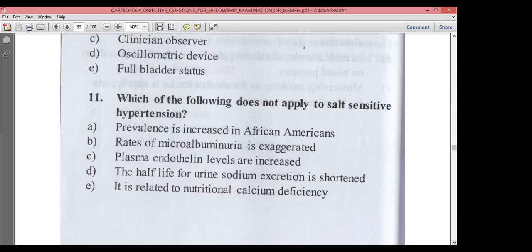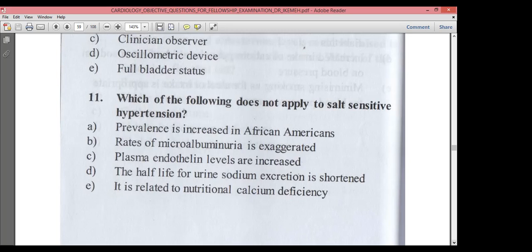So looking at the options, they say the prevalence is increased in... which one does not apply? So we are looking for the false answer. The prevalence is increased in African Americans. That is true. In Black people generally, they tend to have a high prevalence of salt-sensitive hypertension. The rate of macroalbuminuria is exaggerated.